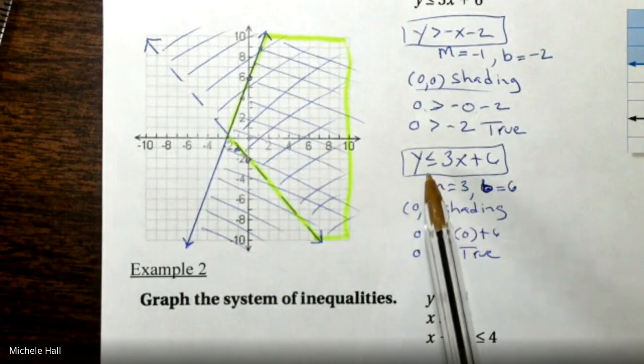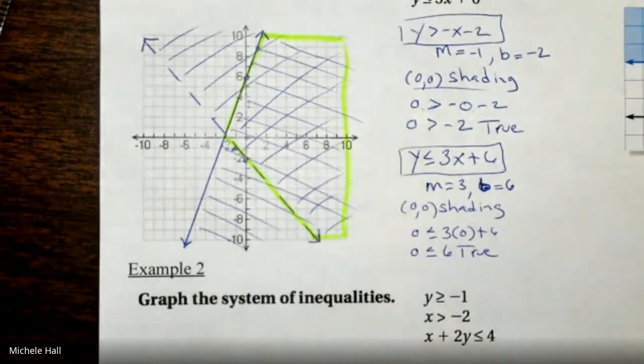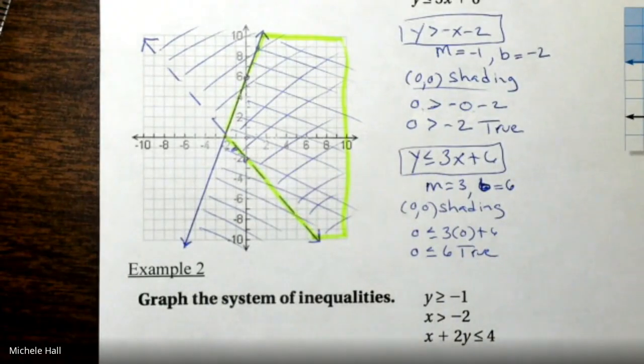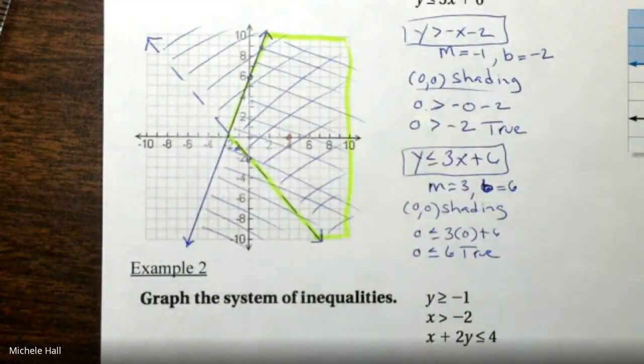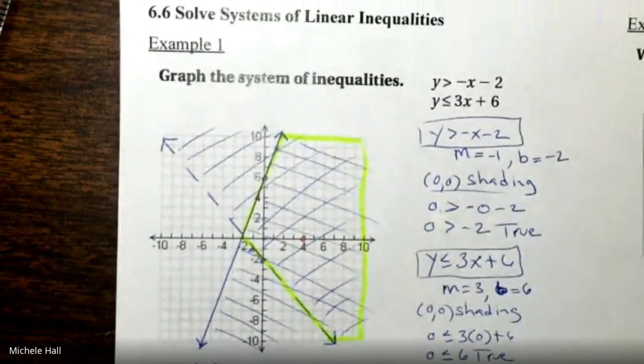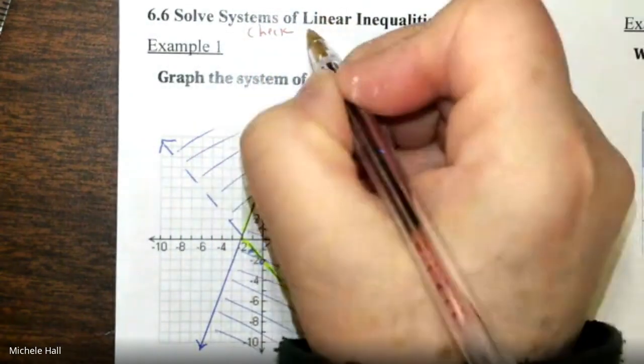Inequalities have an infinite number of solutions. So if I chose the point, let's say, I picked the point 4, 0. I want to check that point. I'm going to come up top here and check the point 4, 0.